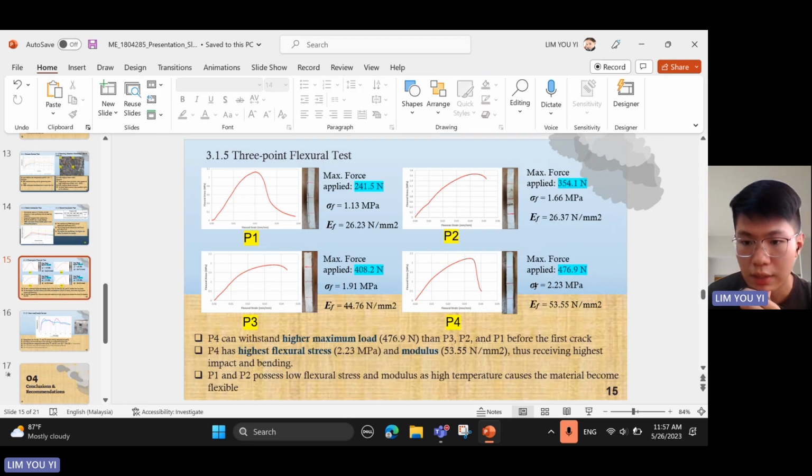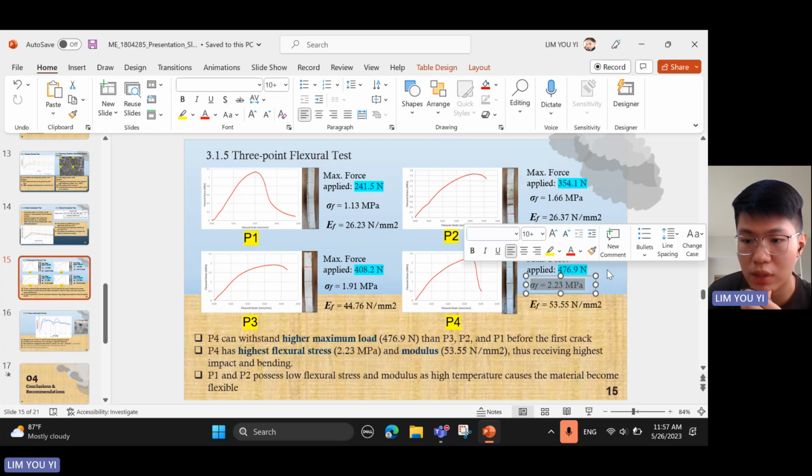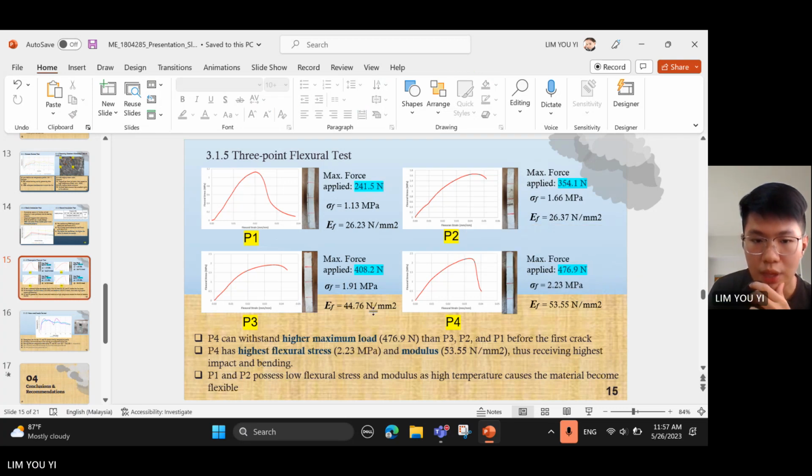In other words, prototype number 4 has the greatest ability to withstand the highest force, which goes up to nearly 477 Newton.